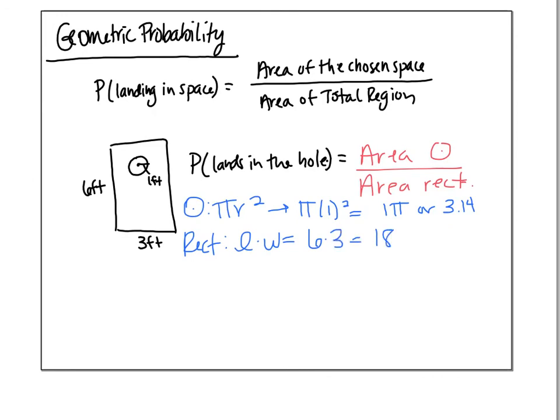So then your probability is to take the area of the circle divided by the area of the rectangle. And then we're going to do these as a percent, so we're going to multiply that by 100. And you should get 17.4%.